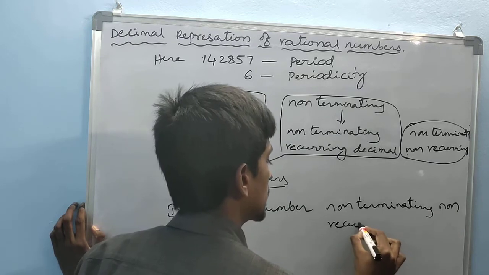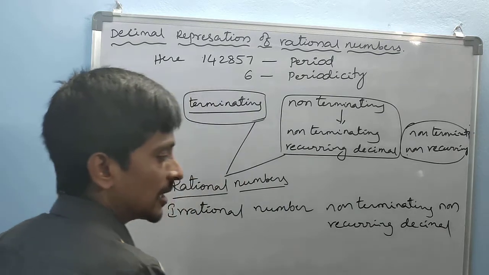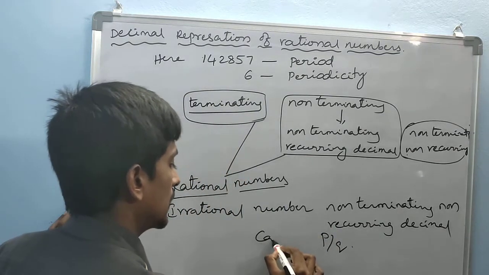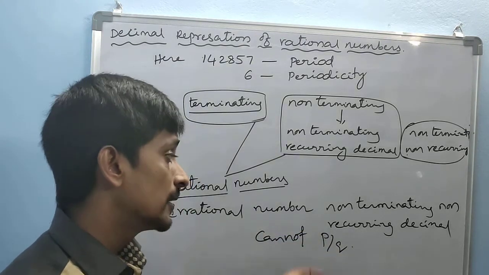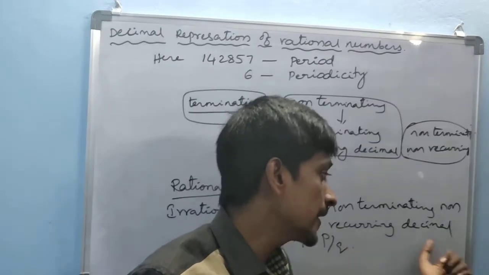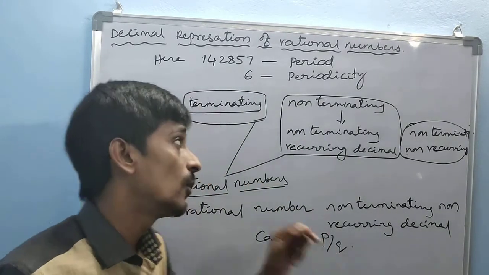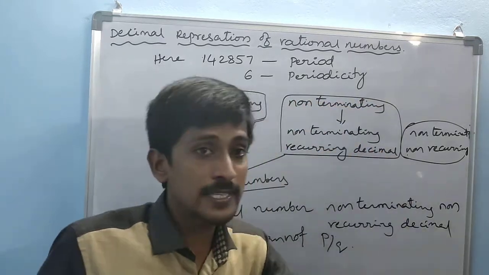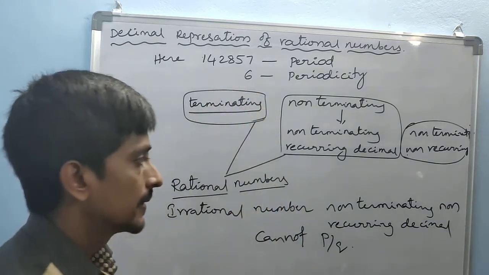These numbers cannot be written in the form of P by Q. Only terminating decimals or non-terminating recurring decimals can be converted into rational numbers.